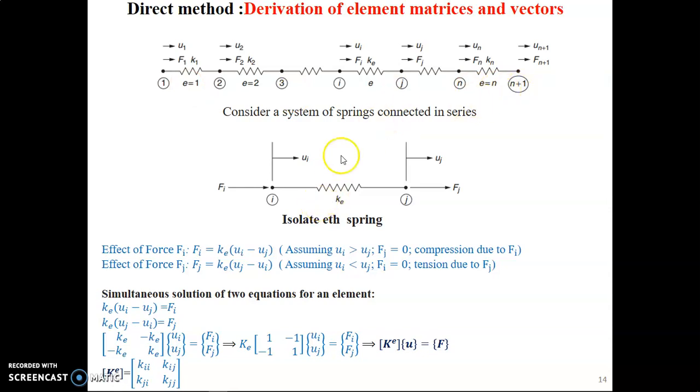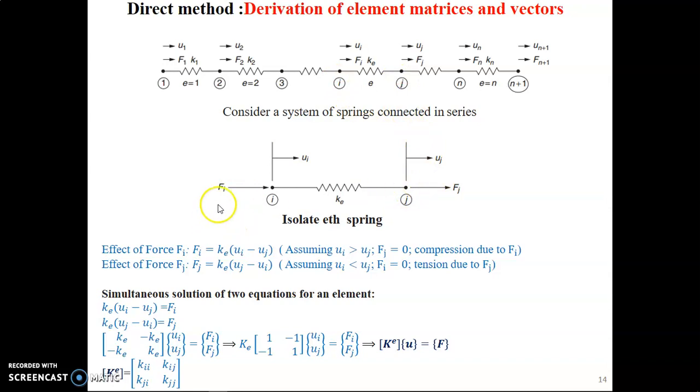Let us isolate the eth spring. The eth spring is located by the ith and the jth node. Let us assume that ui is the displacement at the ith node and uj is the displacement at the jth node. Fi is the force acting on the ith node, and Fj is the force acting on the jth node.